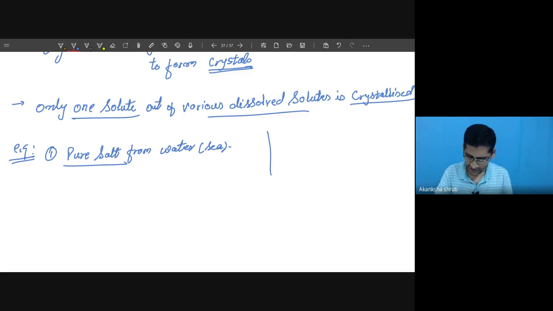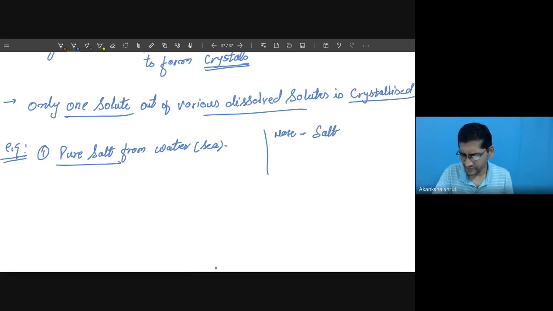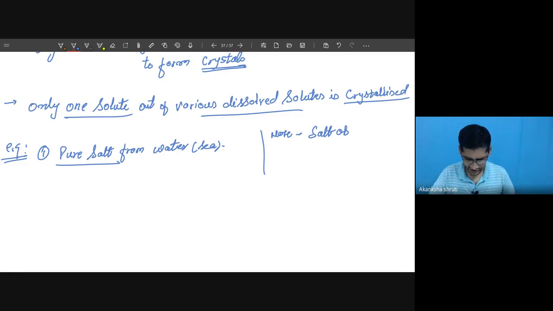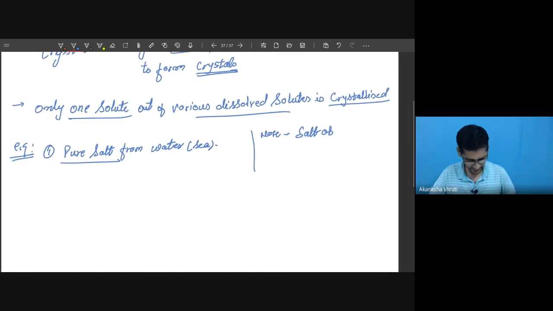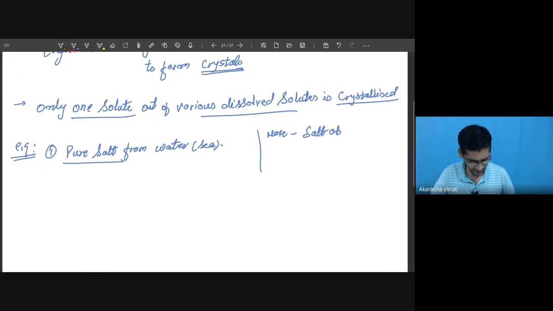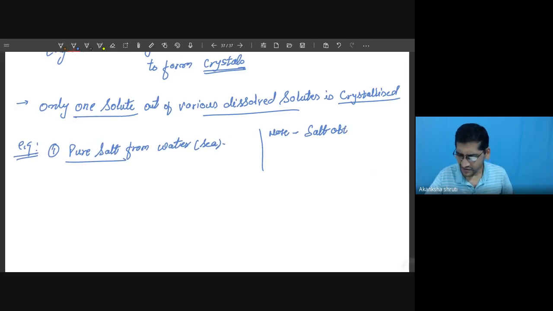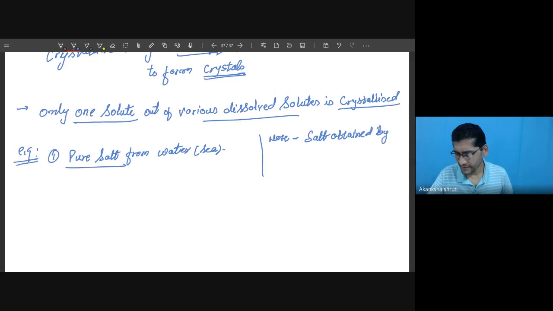So write a note here: salt obtained by evaporation is not very pure.